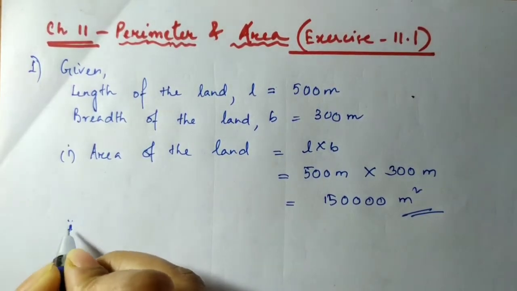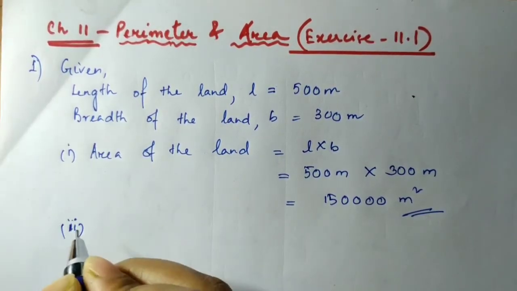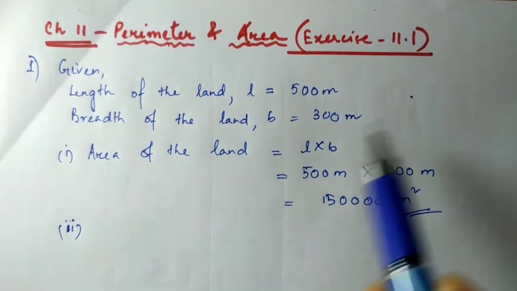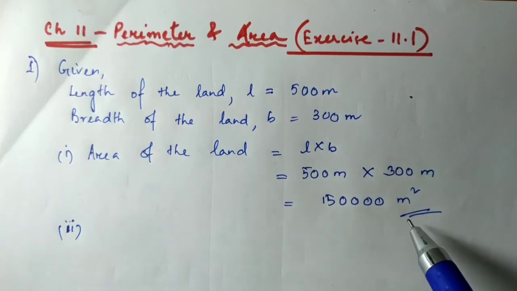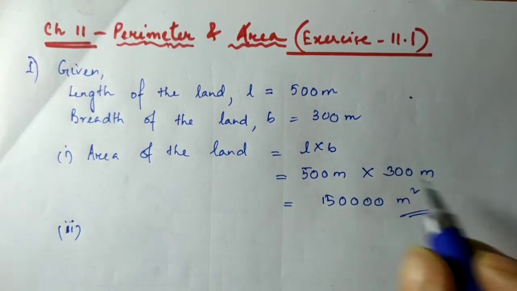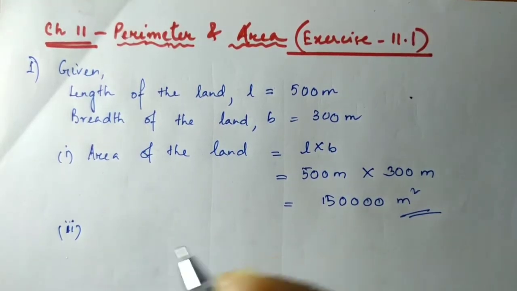Second, we have number 2, where it is given, find the cost of the land if 1 meter square of the land costs rupees 10,000. Cost of the land means the total area we have already calculated. So if the cost of 1 meter square of the land is rupees 10,000, how much will be the cost of this many meter square of the land?